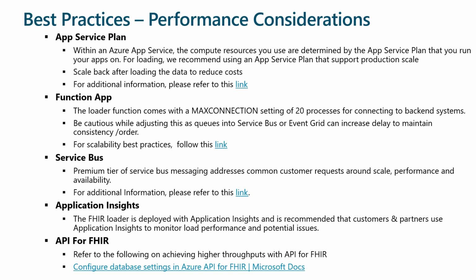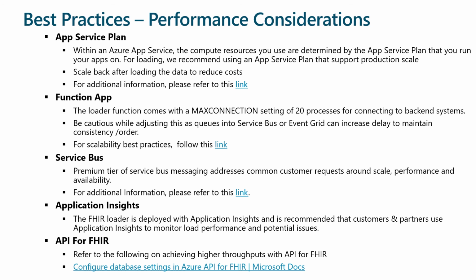For Azure resources, consider these best practices in terms of performance improvements. For the app service plan, the compute resources are determined by the plan that you are on. So for loading, we recommend using an app service plan that supports production scale. You can always scale back after loading the data to reduce the cost.